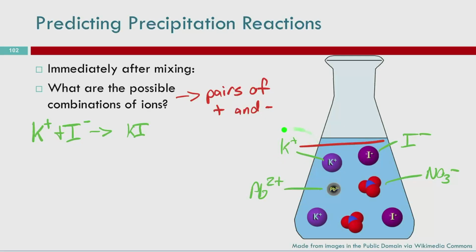We could also have the potassium paired with the nitrate. We could also have the lead paired with the iodide. And we could also have the lead paired with the nitrate.